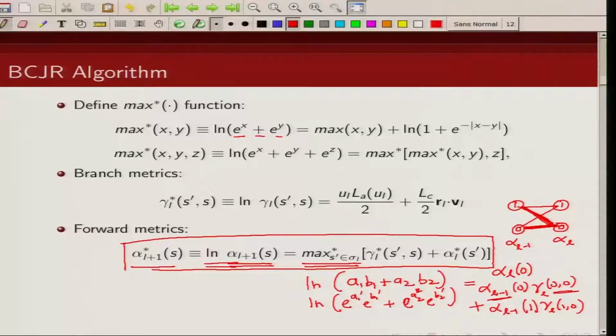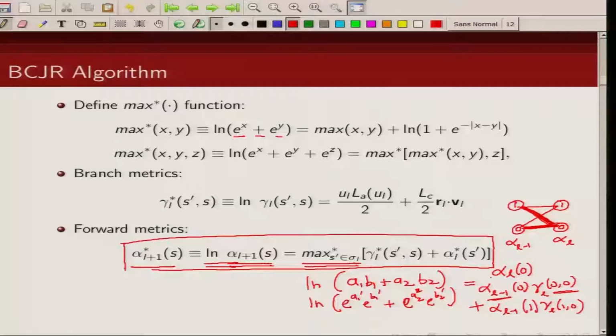So the forward metric in the log domain will be given by this metric: the max star operator, summing over all the branches that are terminating at this state, of gamma plus alpha star. This will be the forward metric in the log domain.